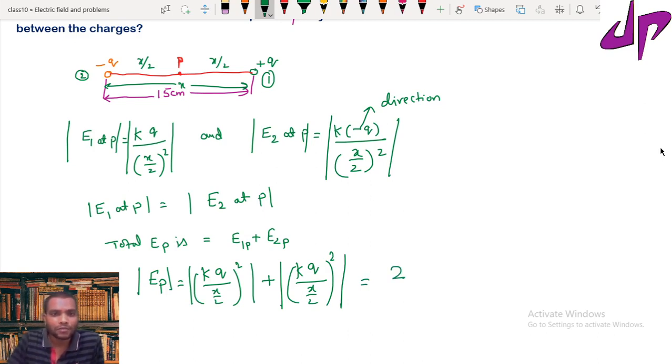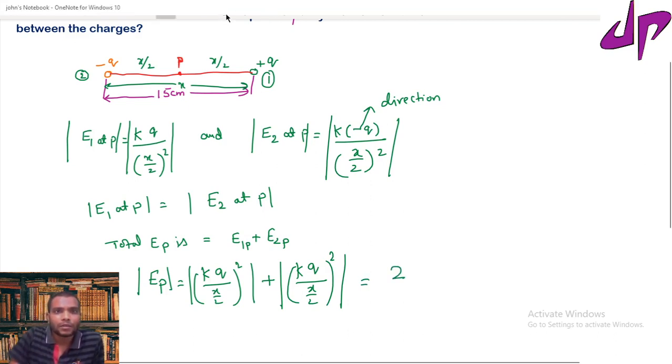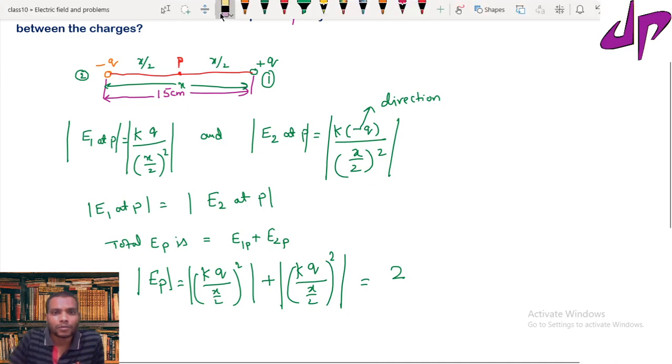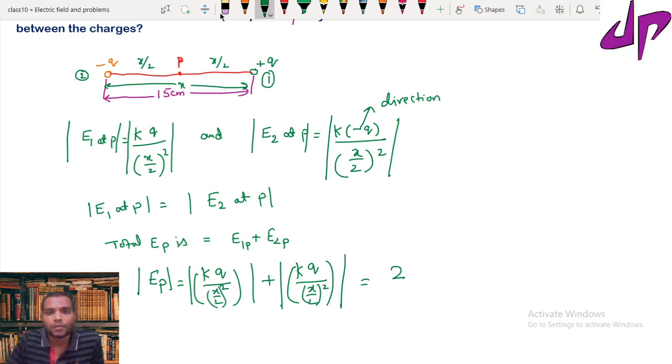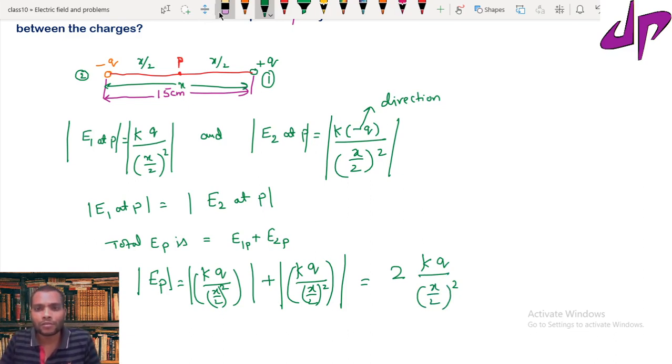Sorry, it's not the whole square, it's only the x by 2 square, the denominator square. We can get the value 2 times K Q by x by 2 square. Now the problem becomes easy. Now we have all the values. You can substitute those values to get the result.